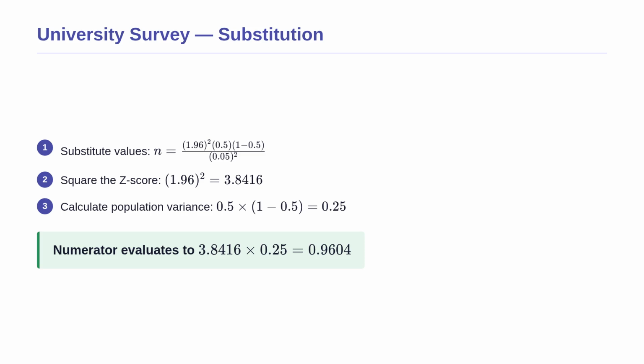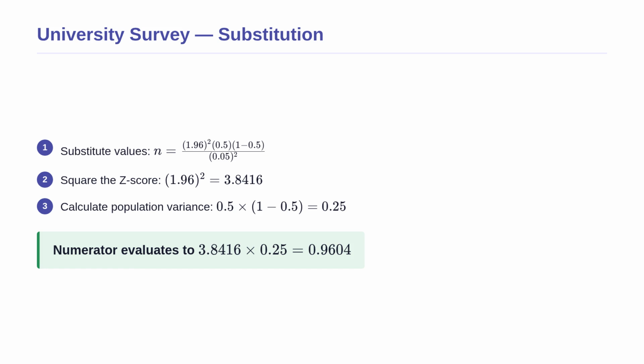Now that we have identified all our given values, we substitute them directly into Cochrane's formula. In the numerator, we square our confidence level of 1.96, which gives us 3.8416. Then we multiply it by our estimated population variance, which is 0.5 times 1 minus 0.5, giving 0.25.